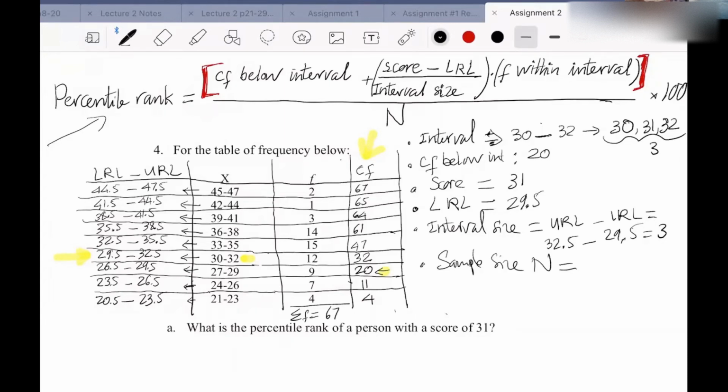What is the sample size, everyone? Type in the chat for me. The sample size is the same as the sum of the frequencies. So what is the sum of the frequencies? Good. Yes, which is 67. Good, everyone. So make sure that you know that the sum of frequencies is the same as the sample size.